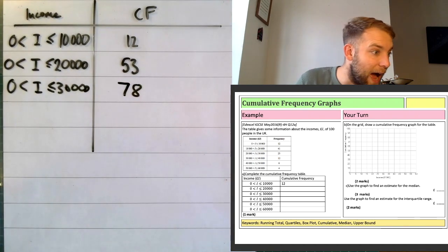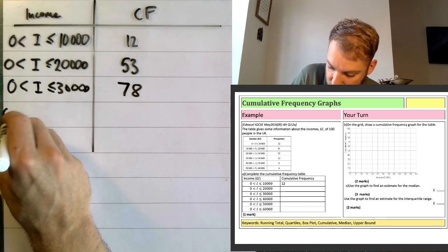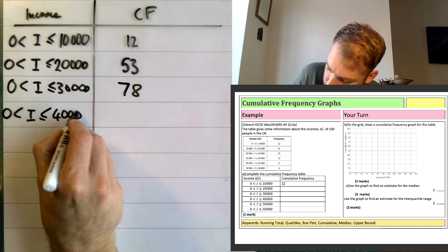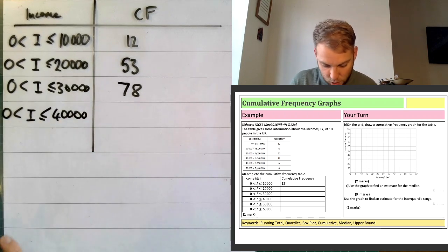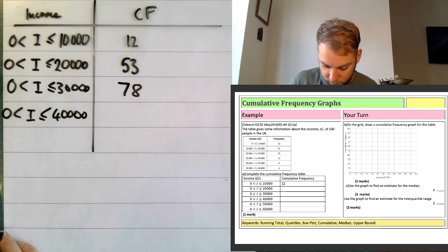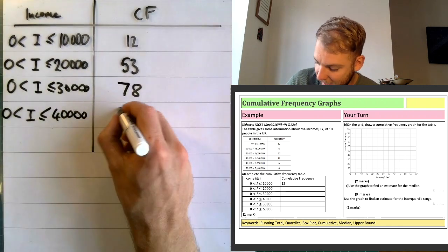Between 0 and 40,000 is going to be 12 plus 41 plus 25 plus 12, which is 90.